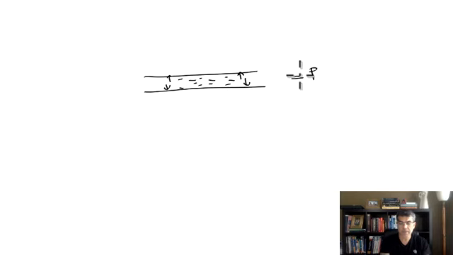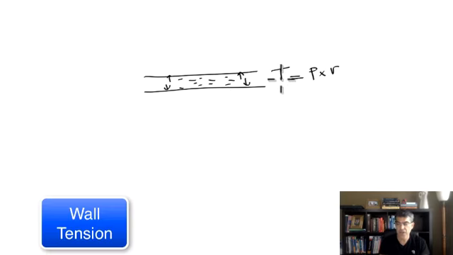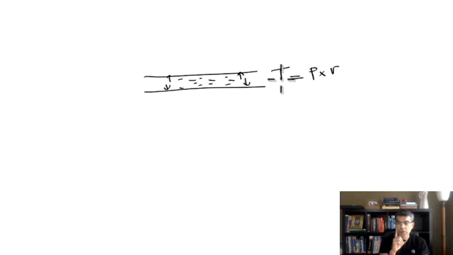Laplace said the amount of force that you apply to this vessel is more than P, it is P times radius. That's the amount of force that you apply to this wall, and that is called wall tension and is shown with T. So Laplace said the amount of force that you apply to the wall of blood vessels is more than blood pressure, it is blood pressure times R.